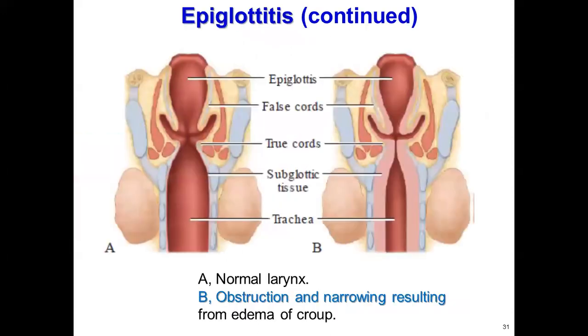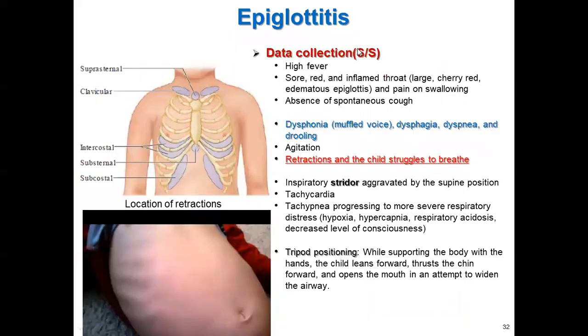So let me go next here. What are the signs and symptoms of epiglottitis? We call it data collection, right? So the patient presents with a high fever or sore throat, red, inflamed throat, and pain on swallowing or absence of spontaneous cough, right?